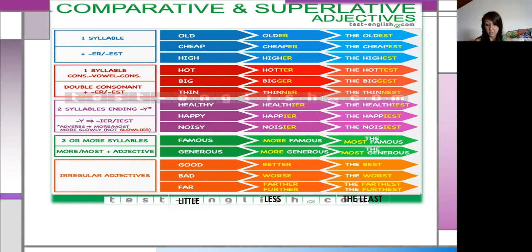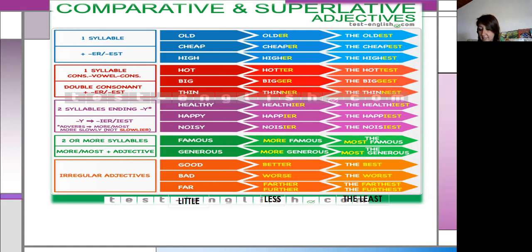There are some exceptions with two-syllable adjectives ending in er and est. For example, narrow, narrower; simple, simpler; quite, quieter; wide, wider, like this. And that's the rule. Those are the basic rules, and they will help you with any comparative or superlative adjectives that you want to use, except for a few.